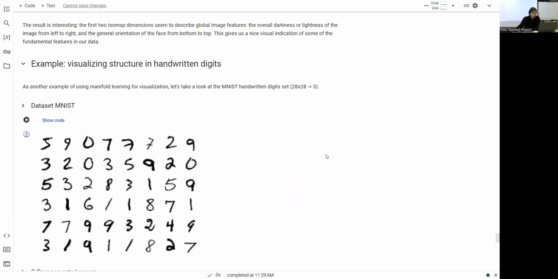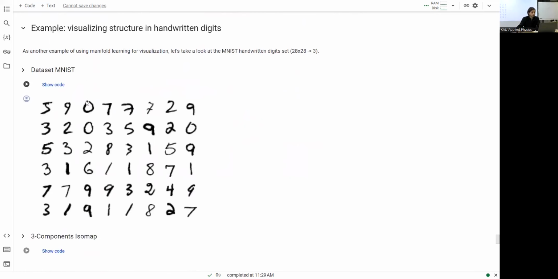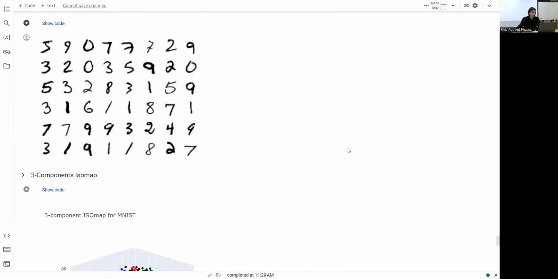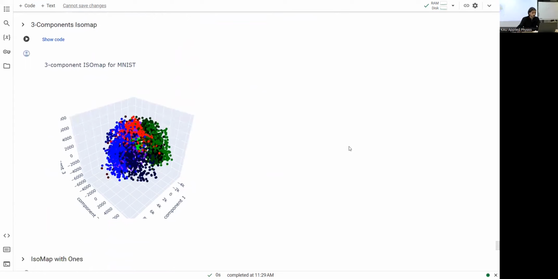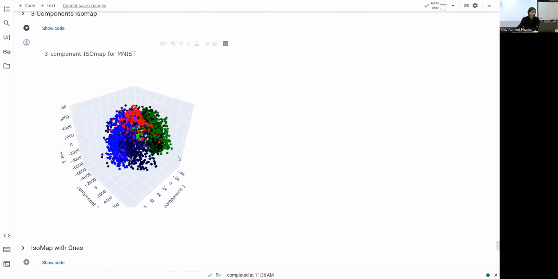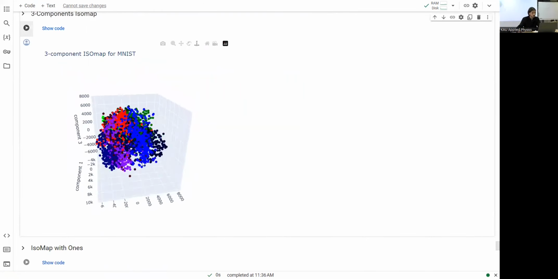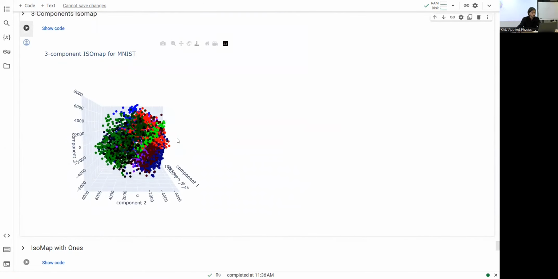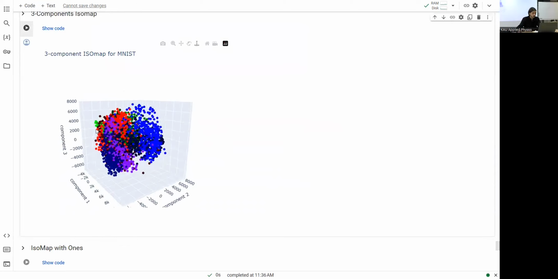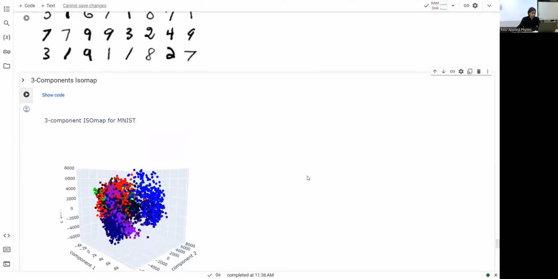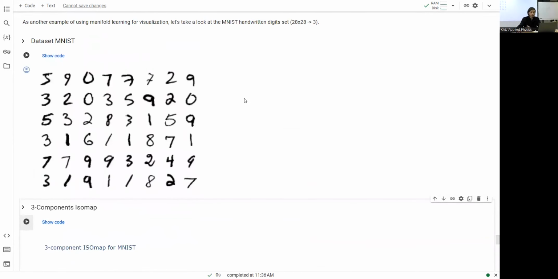And the other example I want to show you is our beloved dataset MNIST, some handwritten numbers. In this case, I want to show you Isomap on those numbers. Here with colors you see different digits, and everything is squeezed into 3 dimensions. Once again, a picture of a digit is a really highly dimensional space.